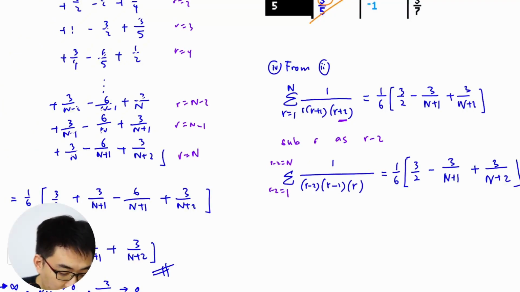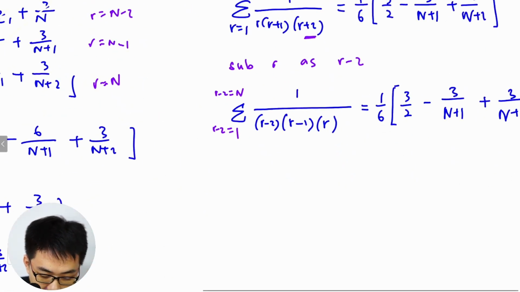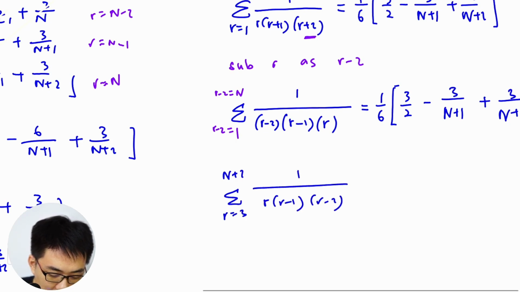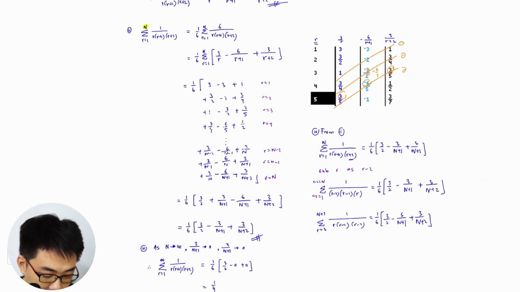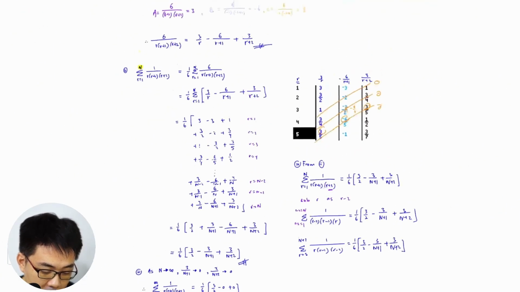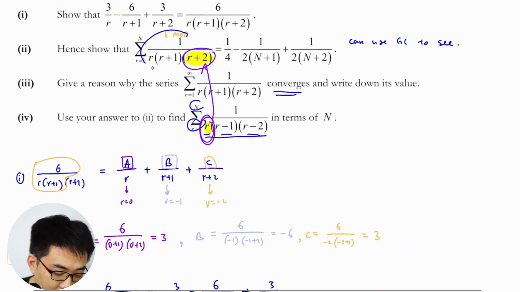So you start off with this case here. This case r. This is n plus 2. You make r the subject. Then this is r equals to 3. This is r minus 1, r minus 2. This is 1. Now this is just changing without changing the one on the right. Then we need to consider the boundary. So the first thing, I think the easiest, is to change the lower boundary first.